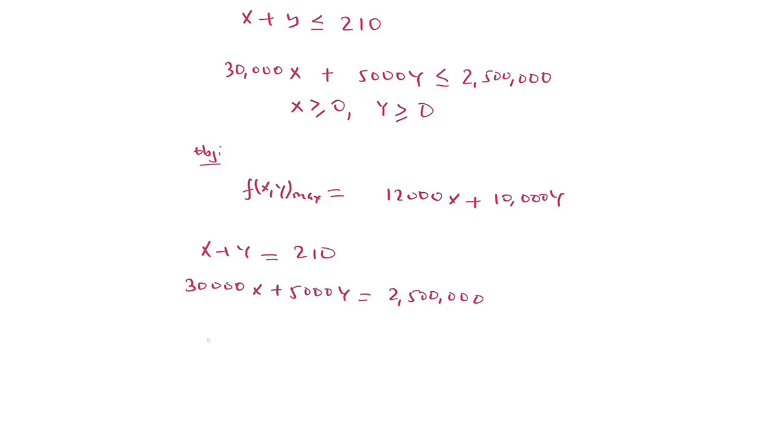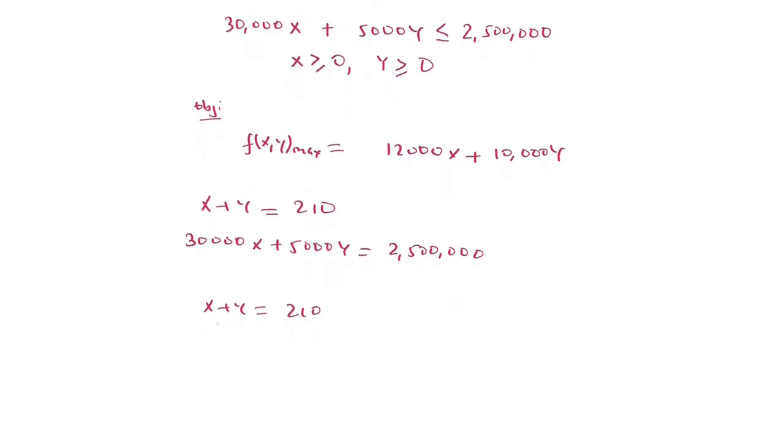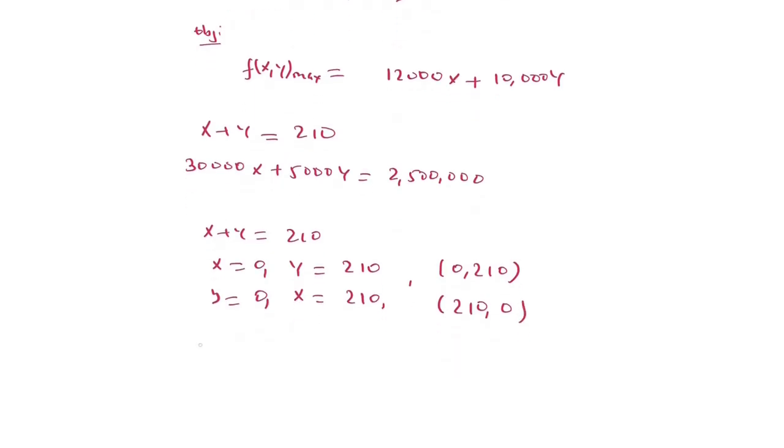Okay, so starting with this line, x plus y equals 210, when x equals 0, y is going to be 210, and our point is going to be (0, 210). And when y equals 0, x is going to be 210, then our point is (210, 0). Our next line is 30,000 x plus 5,000 y equals 2.5 million.